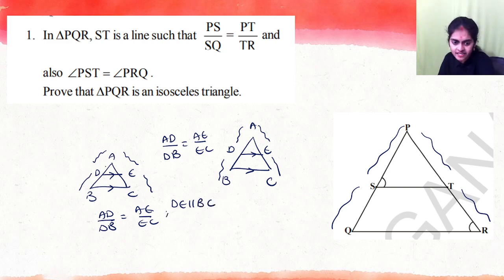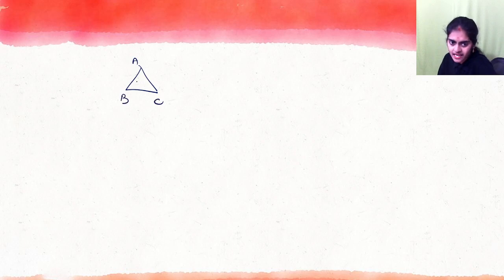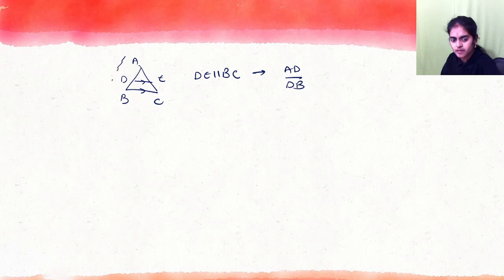Understood? If a line is dividing two sides in equal ratio, then it is parallel to the third side. Okay, so that is what we have learned. So BPT says, suppose if this is the triangle ABC and this is the parallel line DE, if DE is parallel to BC, then BPT says AD by DB is equals to AE by EC. Understood?